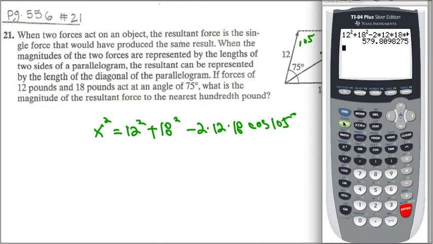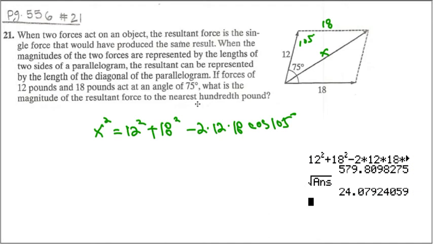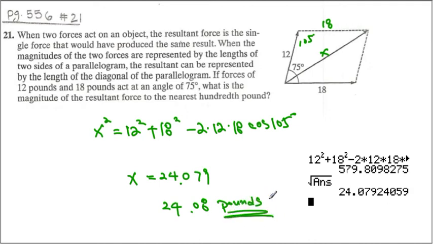Then it will give us this value. All we have to do is take the square root of it. Then x will be about 24.079, but nearest hundredth. So therefore, we are looking at 24.08, and then that would be the pounds. Becomes our answer. All right.